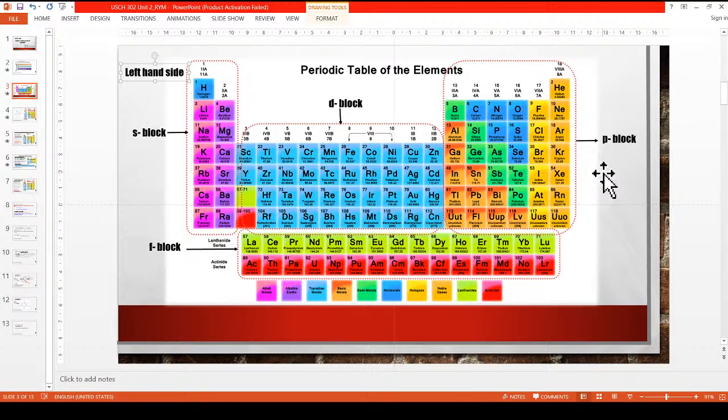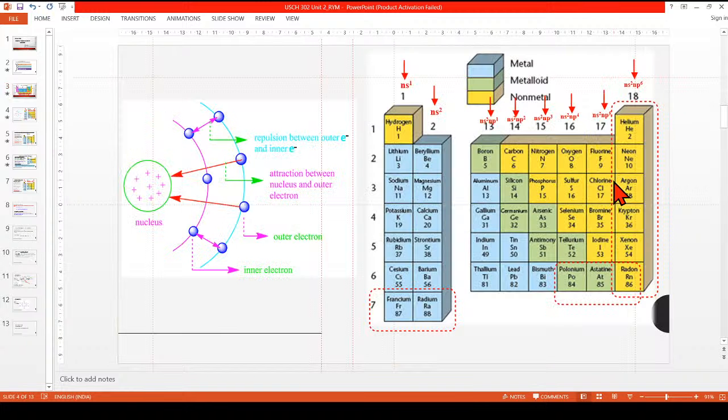Now let us see what main group elements are. Main group elements are nothing but a combination of S block and P block elements. And if you see the basic periodic property of atomic size, ionic size, then as we move down the group, say group number 1, atomic size or ionic size increases.